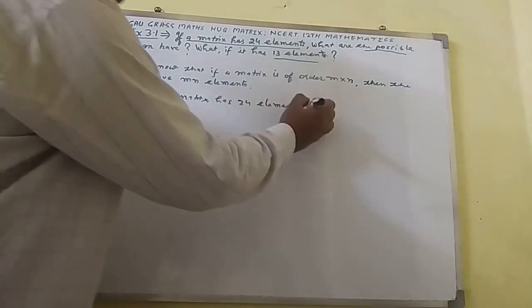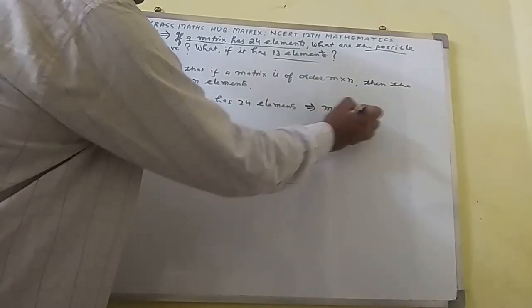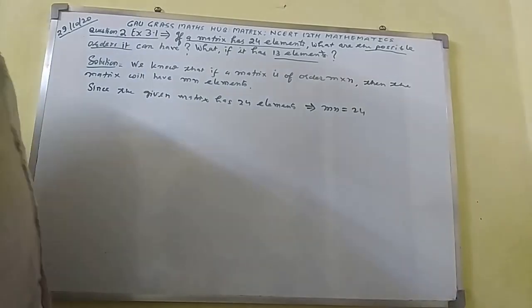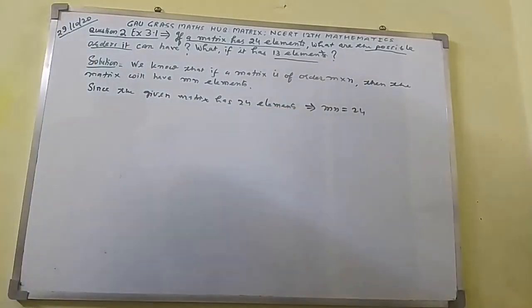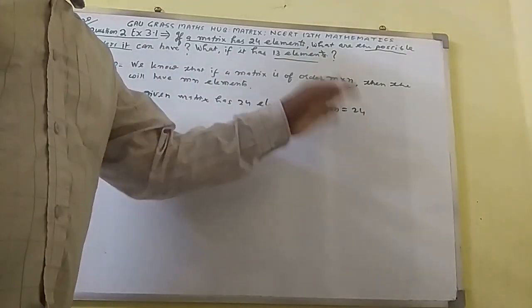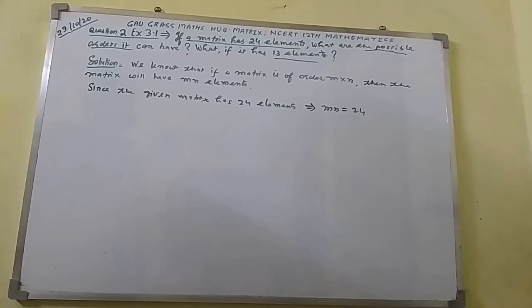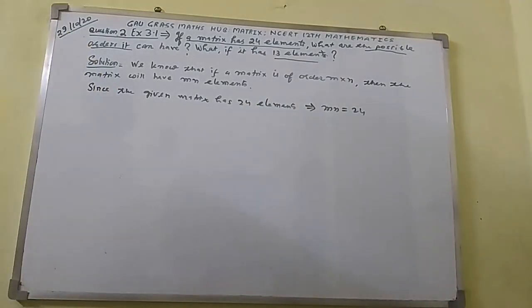This means that mn equals 24. The total number of elements mn equals 24, and then the order of the matrix will be m cross n.